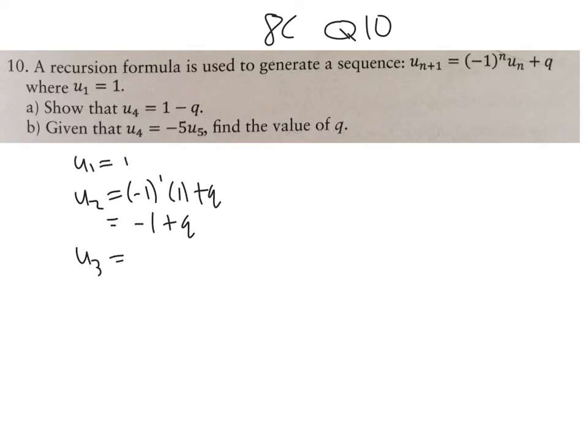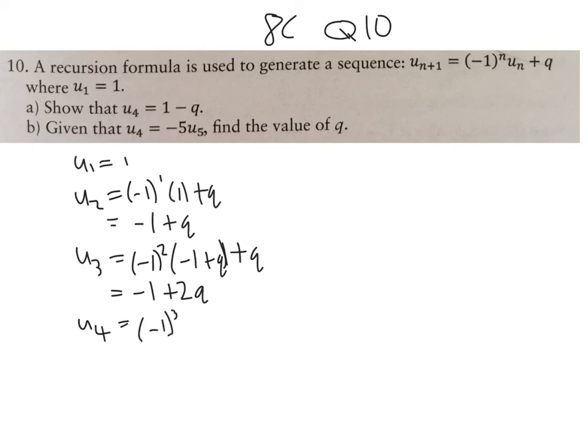u3 then is going to be (−1) squared multiplied by the previous term, and then plus q. And that gives positive 1, so we're just multiplying this by positive 1, which means it stays the same. So you'd have minus 1 minus q, which is minus 1 plus 2q. u4 then is (−1) cubed, times minus 1 plus 2q, and then you're always adding on q at the end.